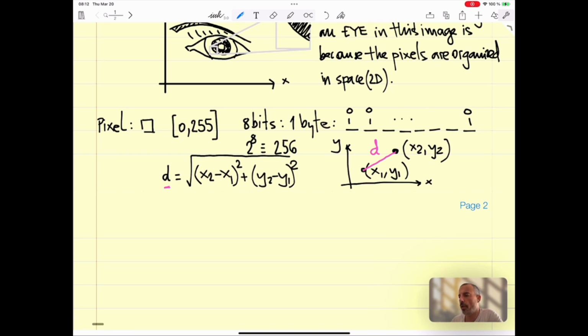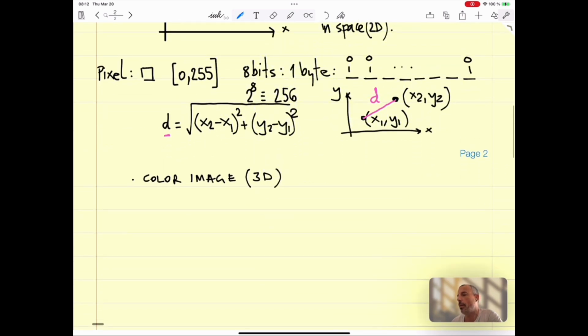So the third example would be a picture, a color image. This is going to be three-dimensional. The reason why this is three-dimensional is because we have 3 channels. Now we have a combination of 3 channels.